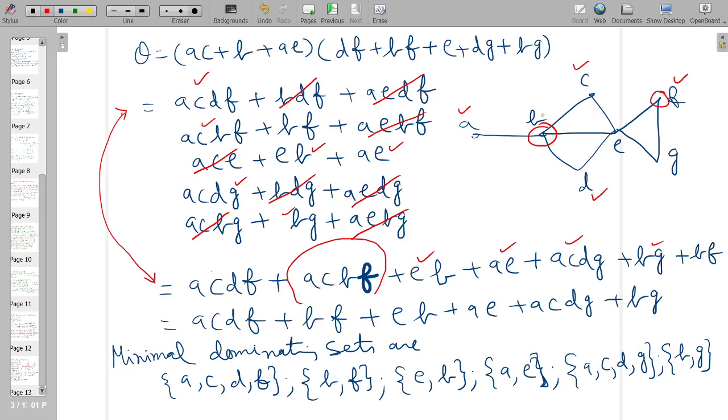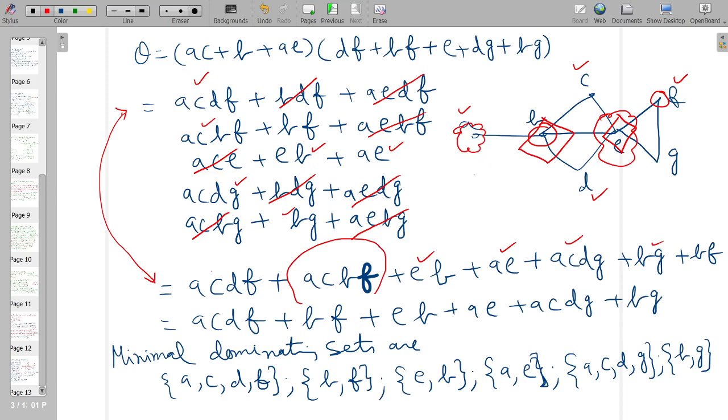The third one would be EB. E dominates these four and B dominates A. So EB is a dominating set. Next one would be AE. This is again a minimal dominating set.